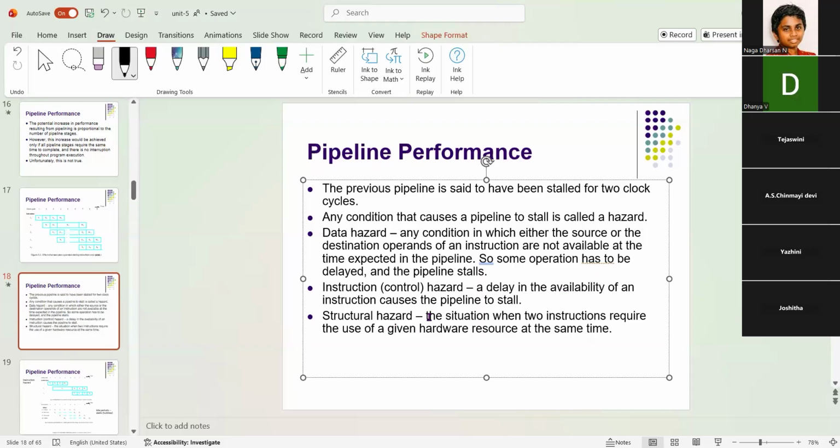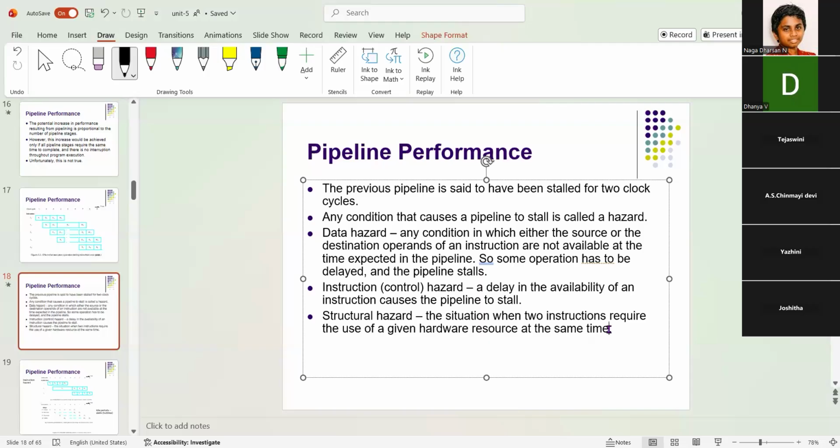Now the structural hazard is the situation when two instructions require the use of the same given hardware at the same time. For example, say your fetching and writing units are trying to access the same memory at the same time: you are trying to fetch something and write on it at the same time. Which will be given more priority? You can't just decide on that, right?